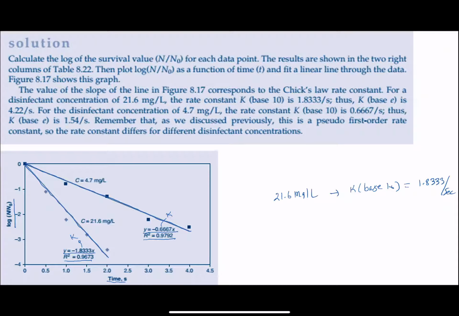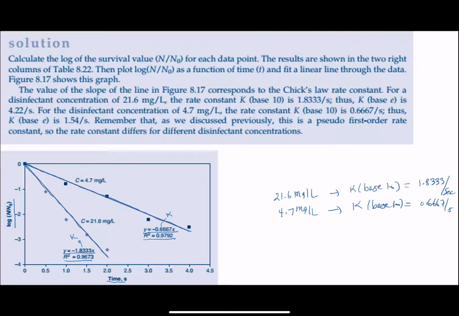And for the other concentration of the bromine, 4.7 milligram per liter, the k base 10 is 0.6667 per second. Of course, in the book, he also found the ln, the base e.